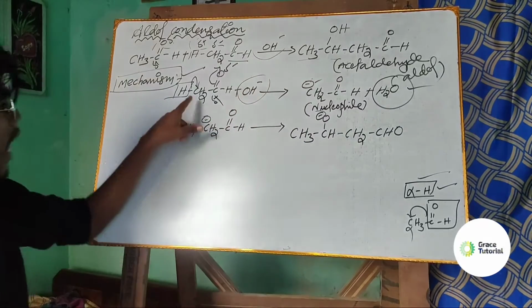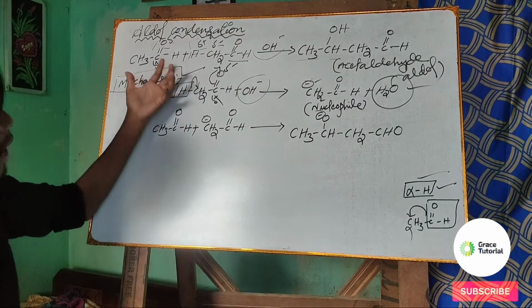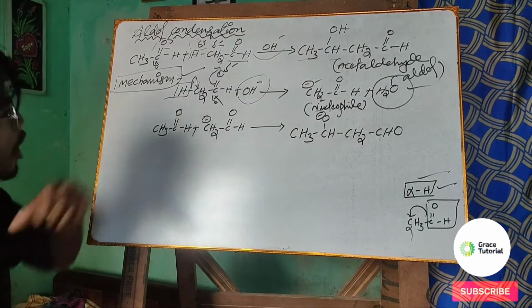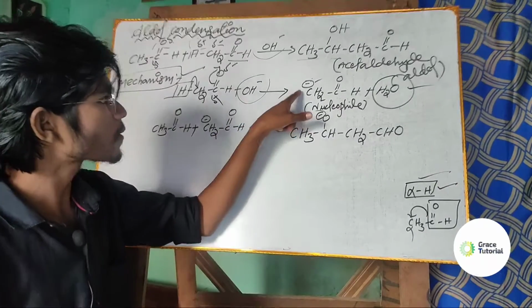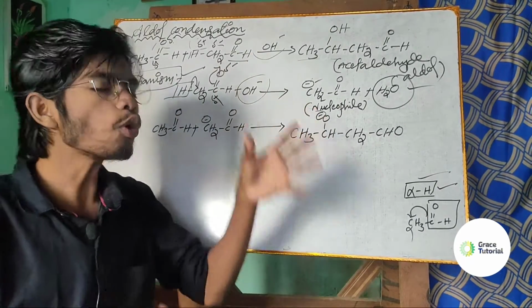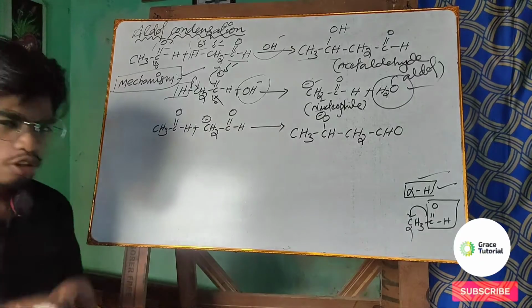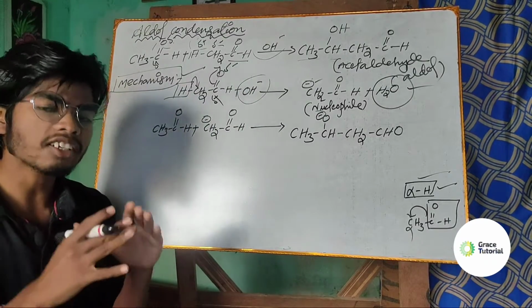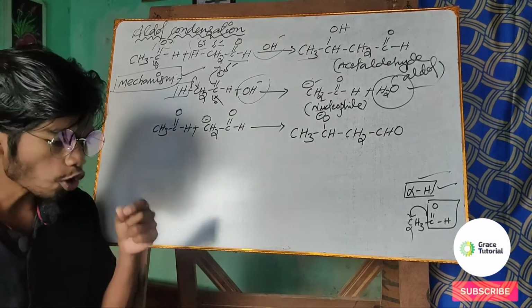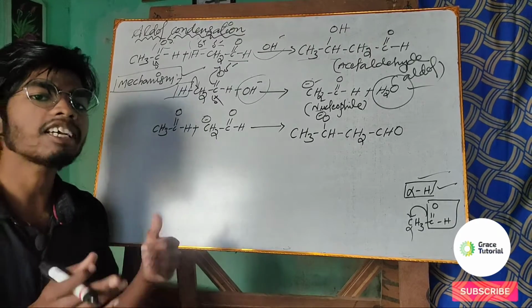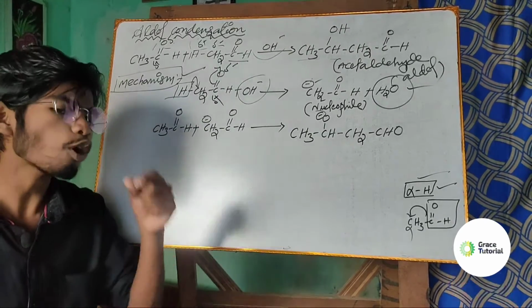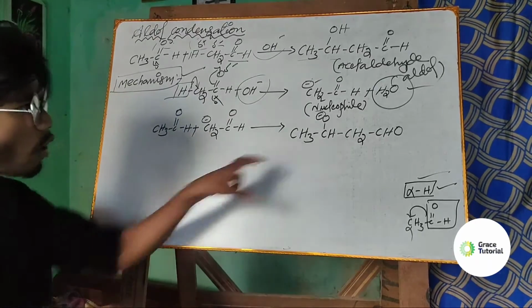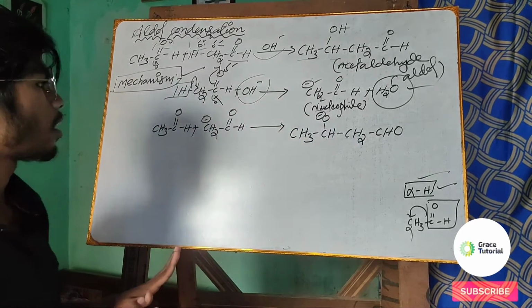So finally the shared pair of the electron will be attracted towards the carbon atom, and it finally produces the C minus. That means a nucleophile is obtained. So what is this nucleophile? The nucleophile is one of the most reactive intermediates. Nucleophile means the nucleus loving species, or we can say the electron rich species. So a nucleophile is obtained.